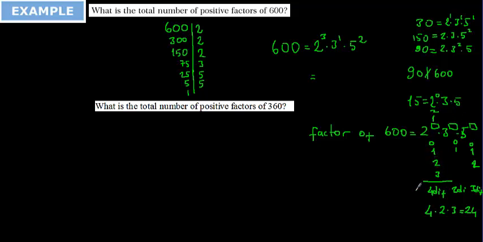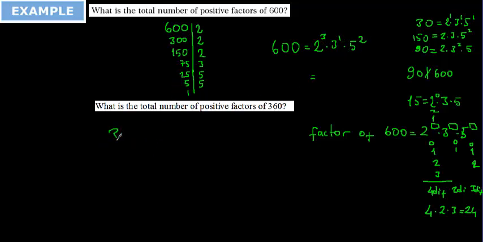I think with this question we are going to understand better. If the exponents are 3, 1 and 2, we are adding 1 to them, so 4 different numbers, 2 different numbers and 3 different numbers we can write.